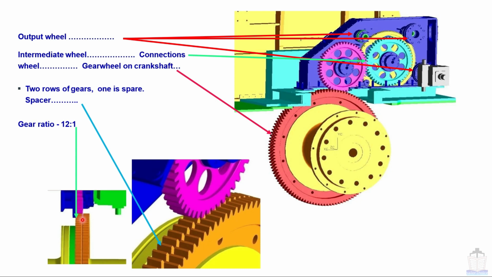The answer is, since changing the gears on the flywheel is a very tedious job, whereas changing these intermediate gears is easy. That's why two gears have been provided on the flywheel. Here it is written two rows of gear, one is a spare, separated by a spacer. Gear ratio is 12:1.